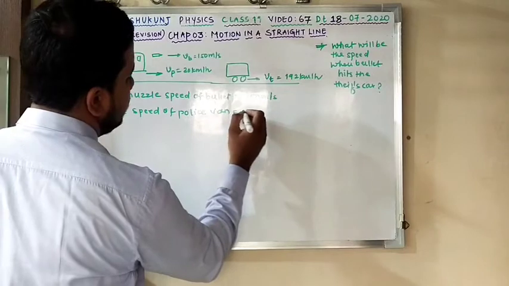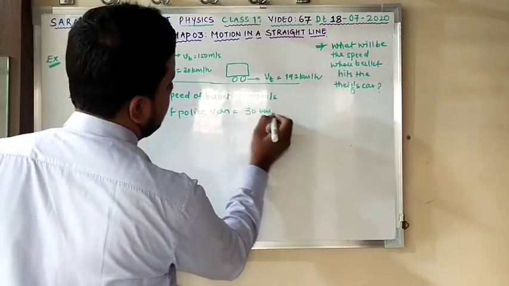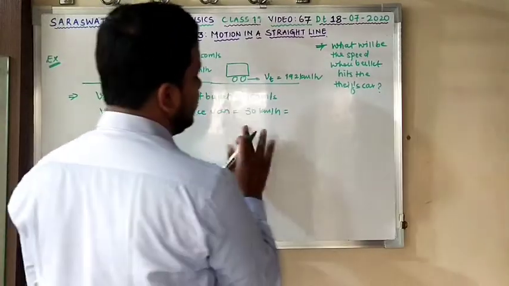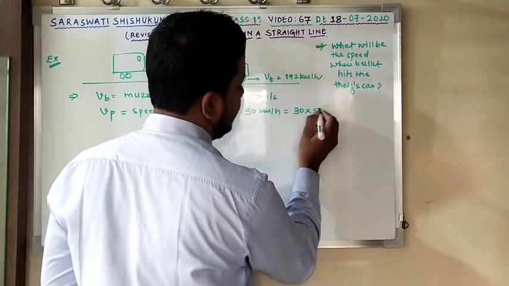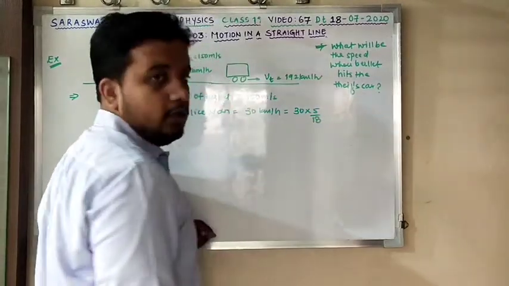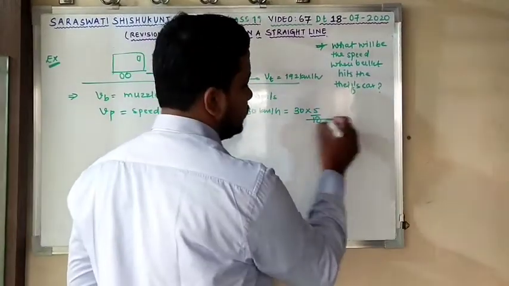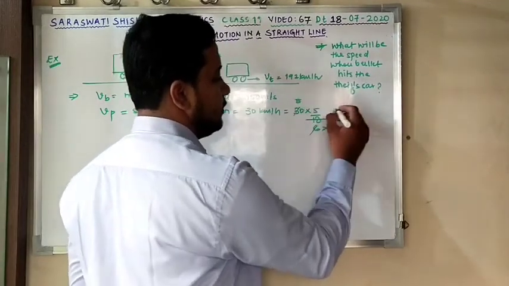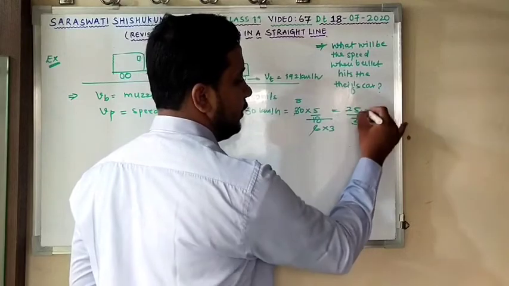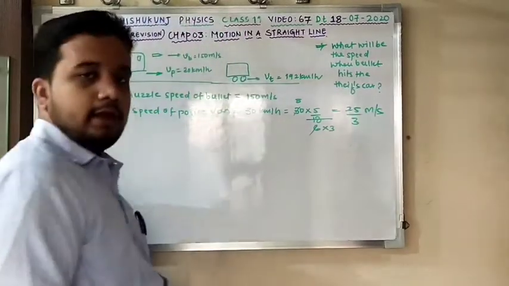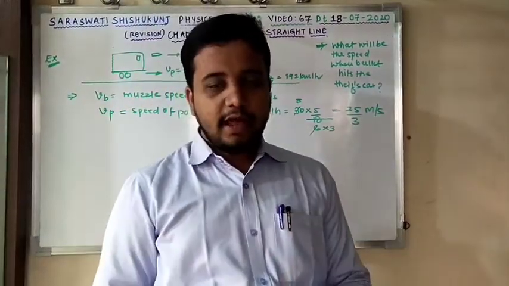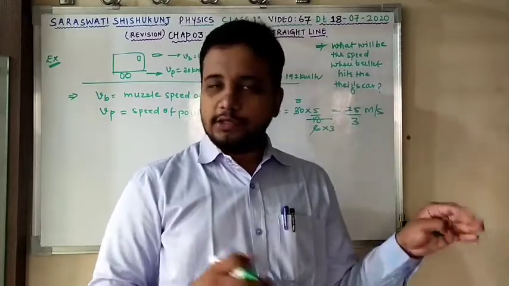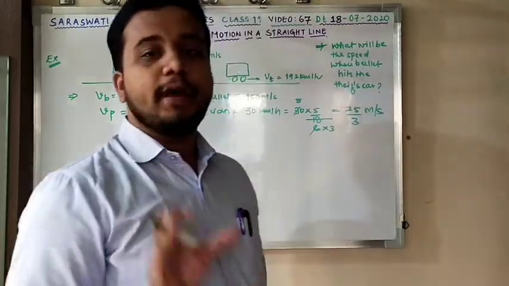That is given as 30 km per hour. Convert this into meter per second. 30 into 5 by 18, I have already told you. Yes or no? Very good. So here 6 3s are 18, 6 5s are 30. So my answer is 25 by 3. Unit will be meter per second. Clear? I have converted the speed of the van into meter per second from kilometer per hour.